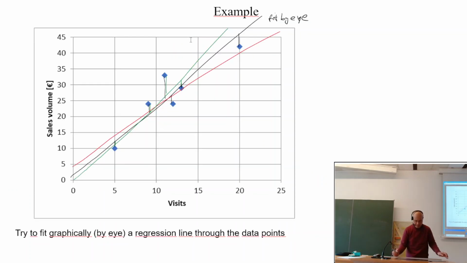Maybe let's have a look. If this was my first fit, then this is maybe 1.5. And what kind of slope do I have if I take this one here? So this is 5, and I'm going up a little bit more.